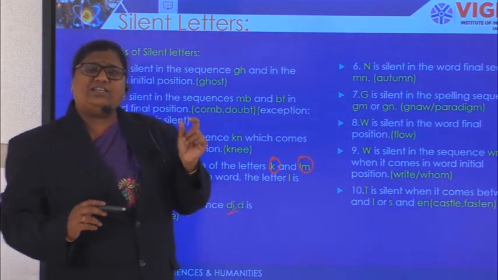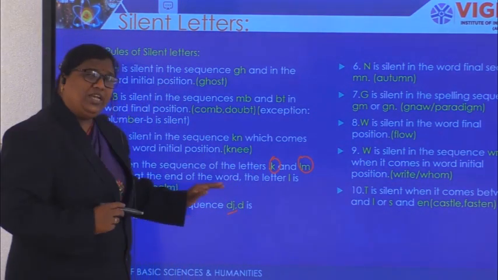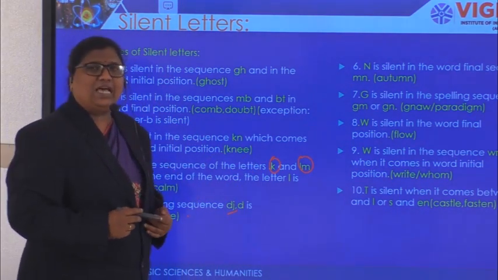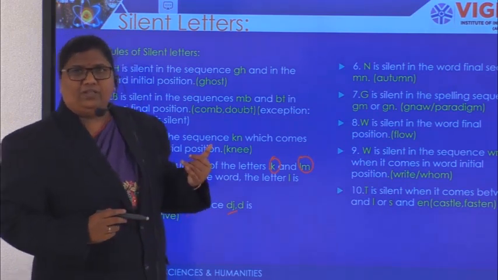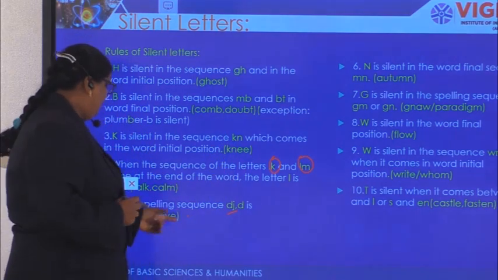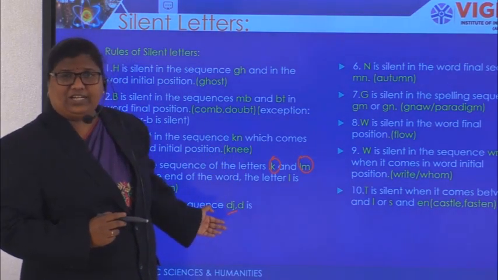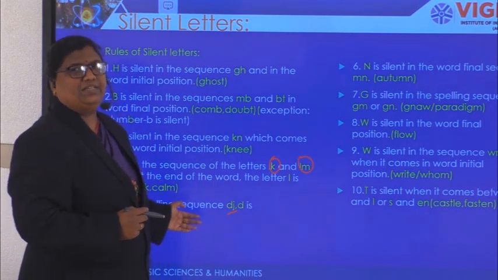If you get the consonant cluster DJ, automatically you need to pronounce J, but D is silent. For example, adjective. Actually the spelling is ADJ, but here you need to pronounce it as adjective. Okay, adjective.